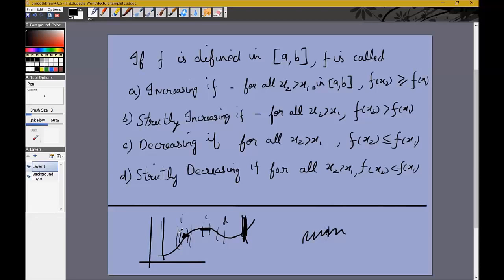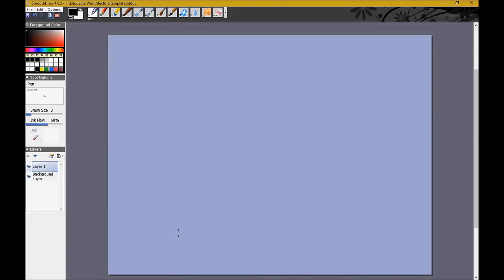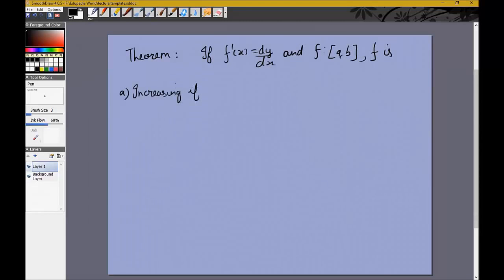Now we can use a theorem we learned at the end of the differentiability video, the mean value theorem, to actually prove something which tells us whether or not functions are increasing, decreasing or constant. So we'll write that theorem. If f dash of x is equal to dy by dx and f is defined in a to b, then f is increasing, decreasing or constant.